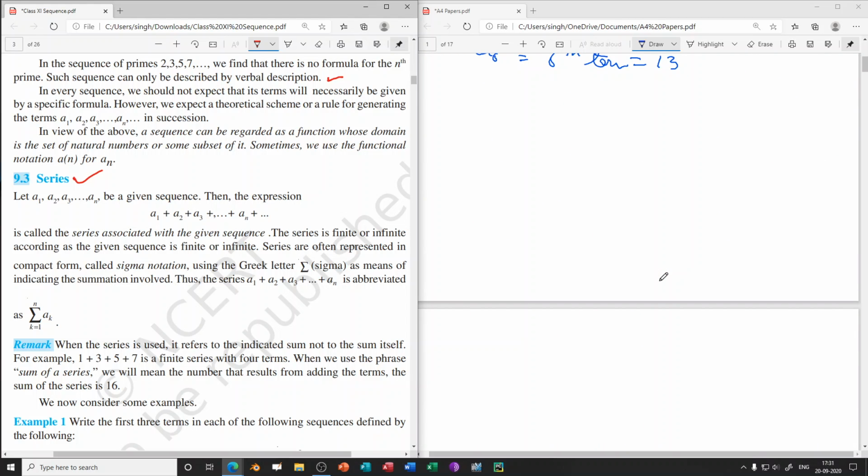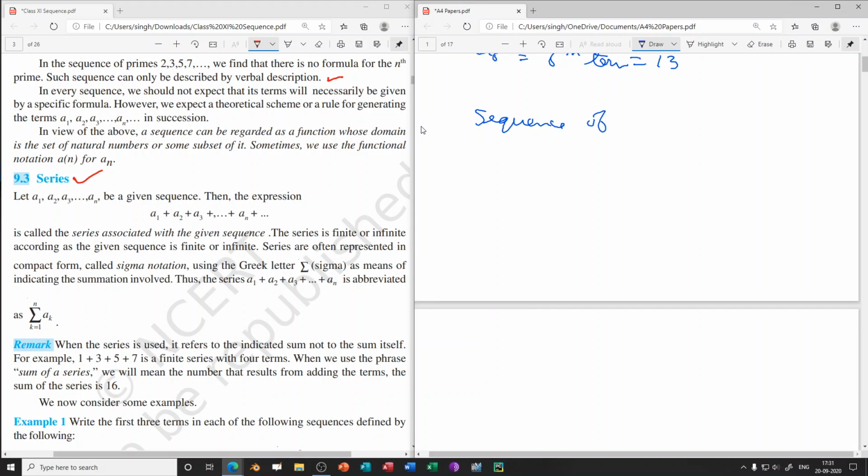Suppose we have a sequence of even natural numbers. So what are they: 2, 4, 6, 8, then 10, 12 and so on.